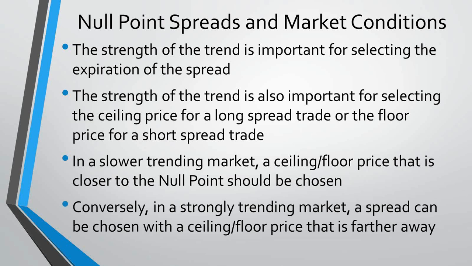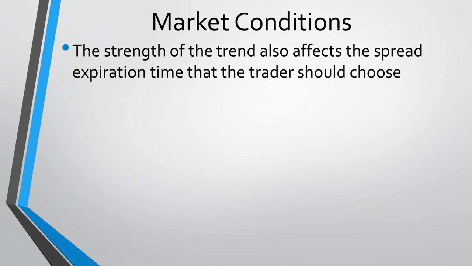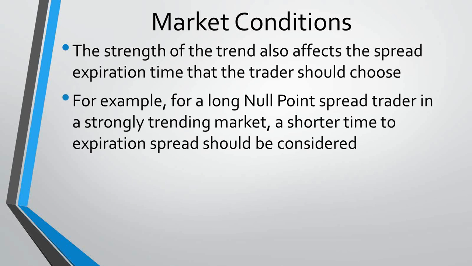In a strongly trending market, a spread can be chosen with a ceiling or floor price that is farther away. Now, the strength of the trend also affects the spread expiration time that the trader should choose.